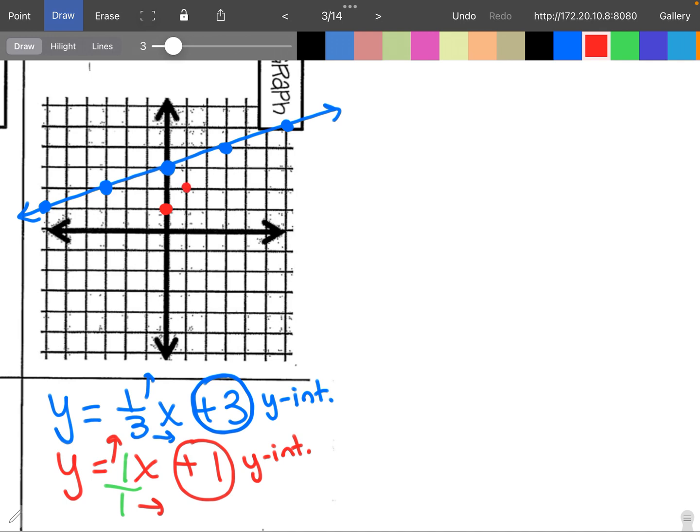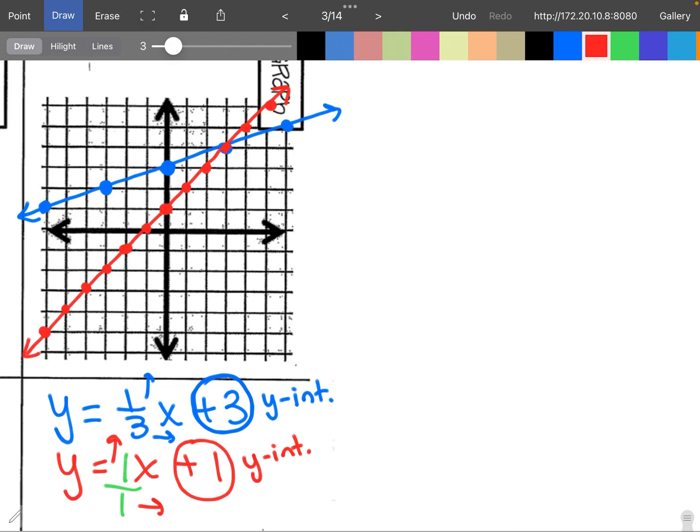So up and right. Do it again, up and right, up and right. Oh, you can see right there they're intersecting. Up and right, up and right. And you can continue that pattern, down and left, until you run out of room. And then nice and neat, connect your points.